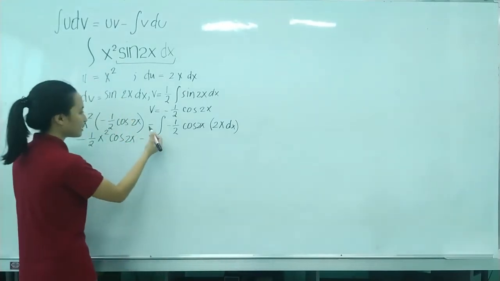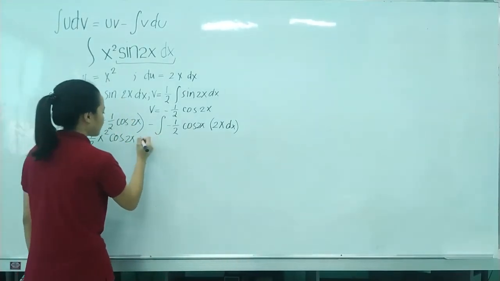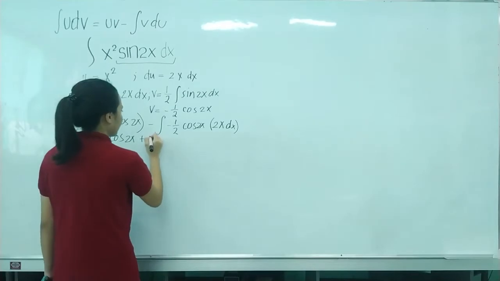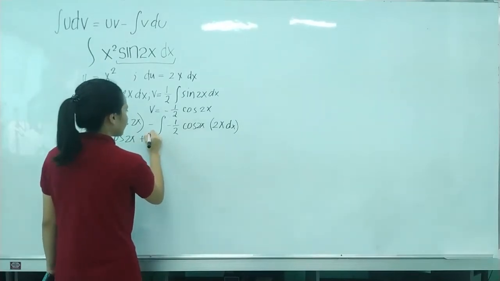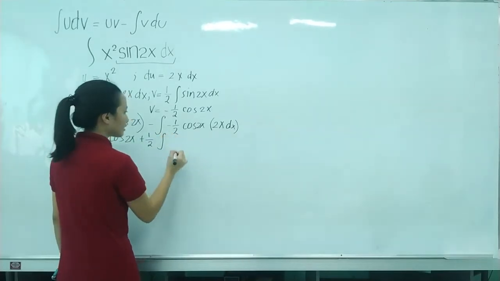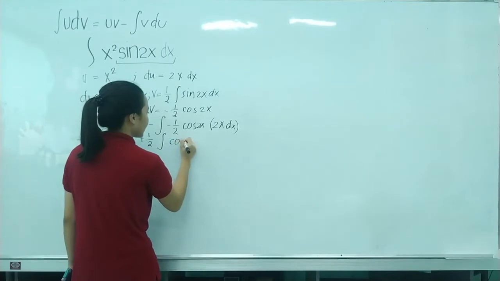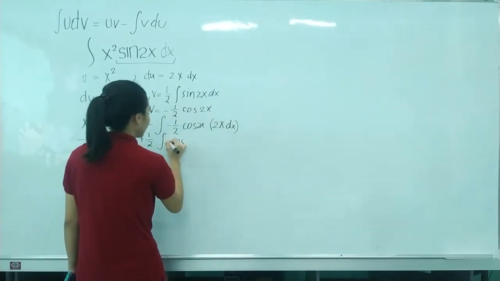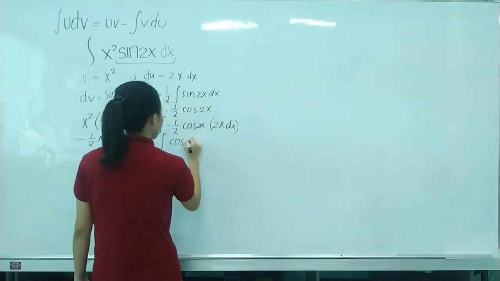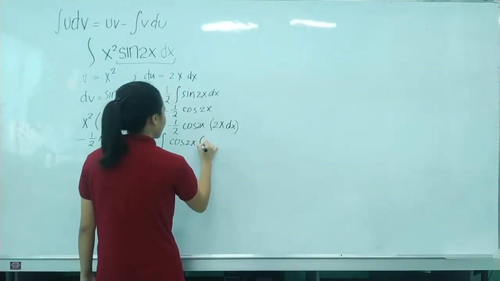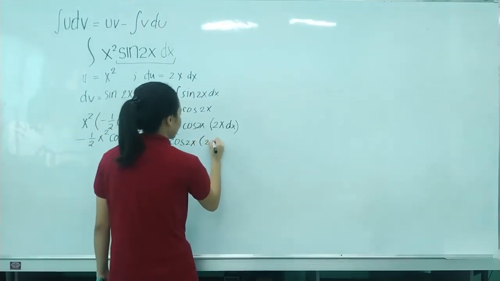So we have here two negative signs, so it will be positive 1/2 the integral of cosine 2x times 2x dx.